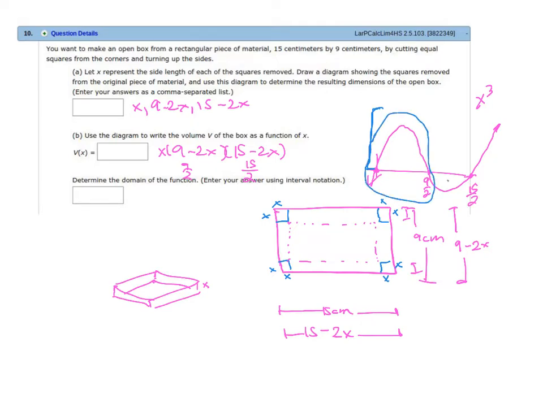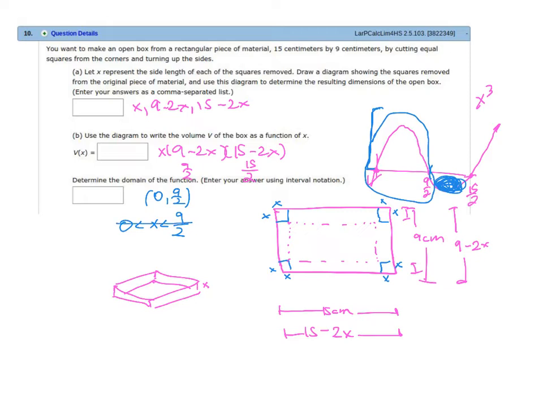We can't have negative volume, so we cannot go in this area past the 9 halves. So our domain in this case has to be between 0 and 9 halves, or we actually put (0, 9/2) with parentheses.